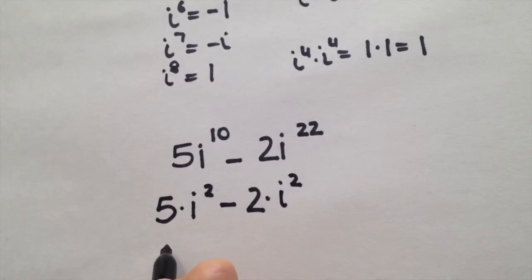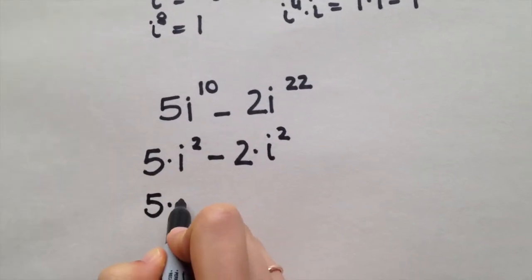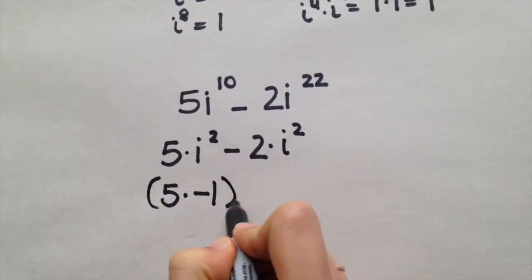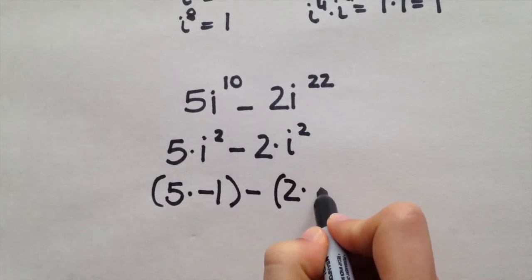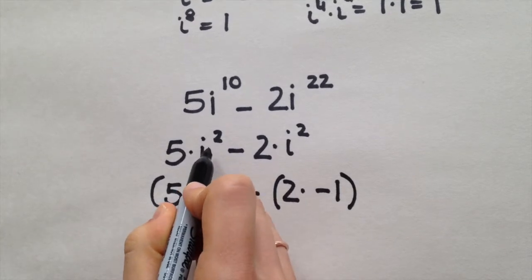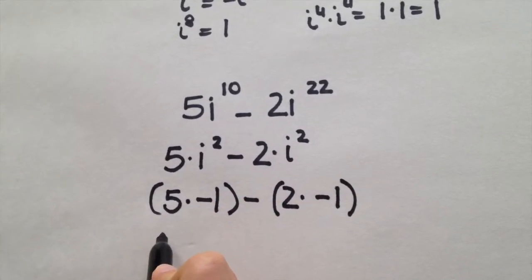So then we do 5 times -1 minus 2 times -1, right? Because i squared is equal to -1, as we figured out before.